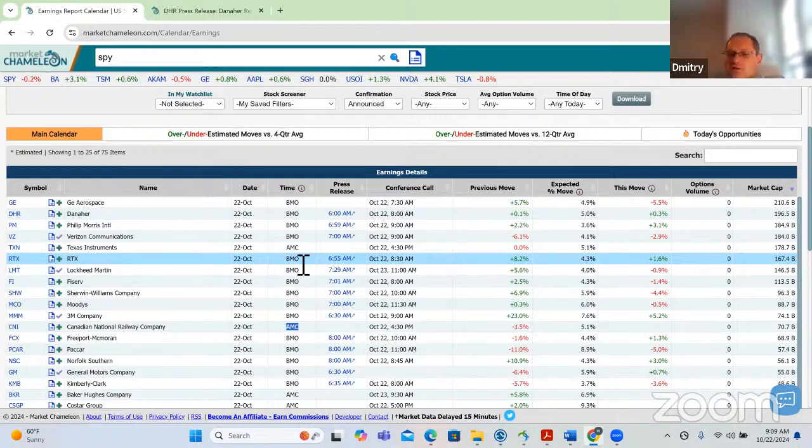AMC stands for after market close. So if you're looking at the calendar in the morning or during the day, it gives you a chance to take any action that you would want to do prior to an earnings release. Maybe take off some risk. Maybe you want to do a hedge.